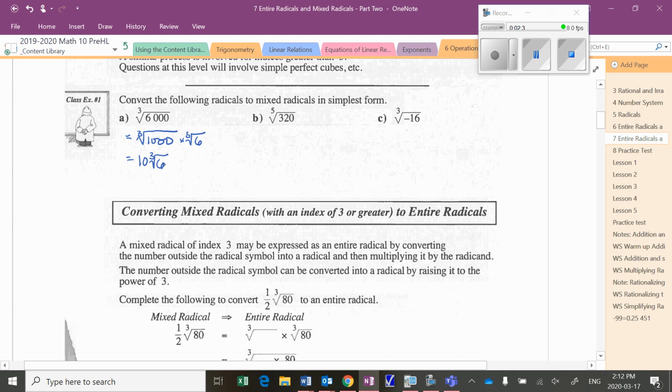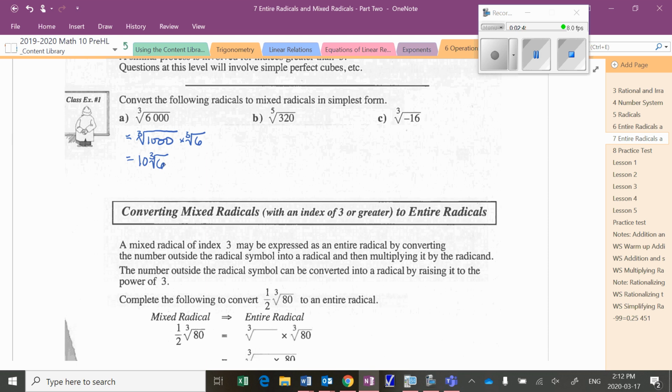And again, these are all things that we can verify on our calculator using decimal approximations as well, since they're all irrational values.